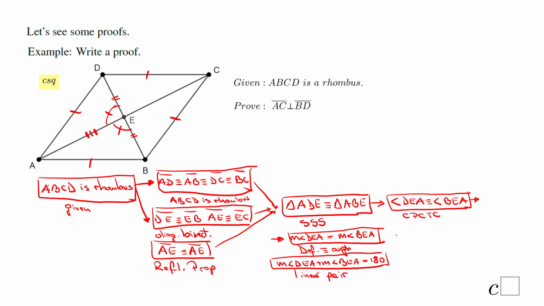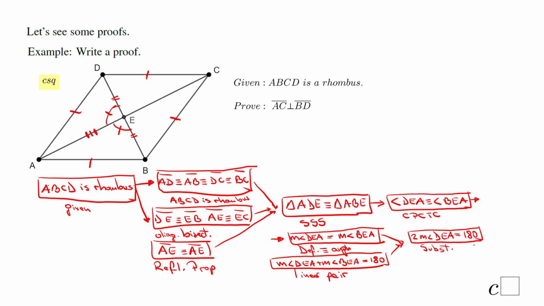And now we can do a substitution from these two statements. We can take this angle DEA and replace it here. And we have twice the measure of angle DEA equals 180. Substitution property of equality.